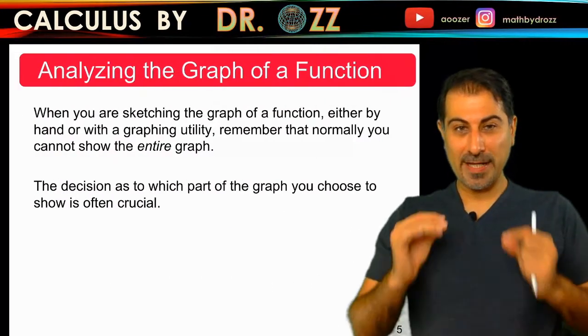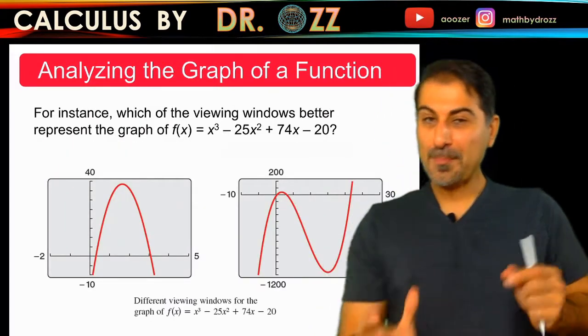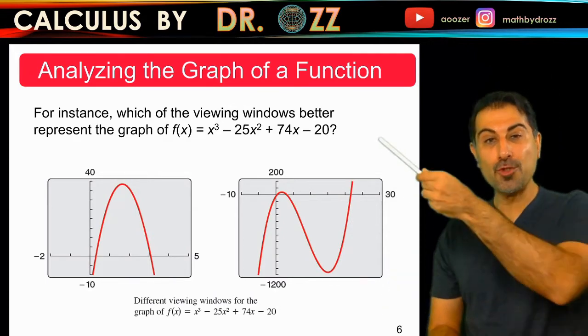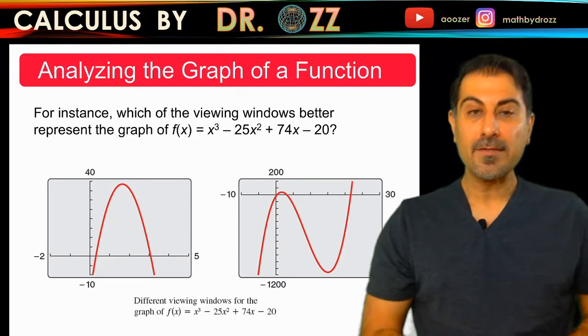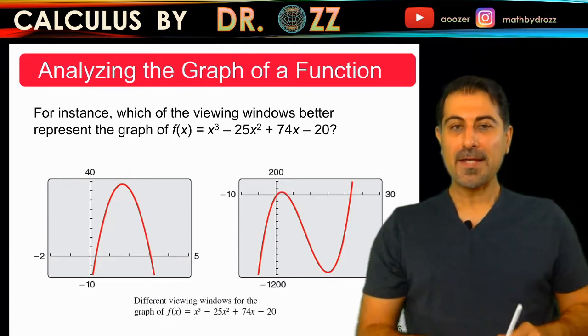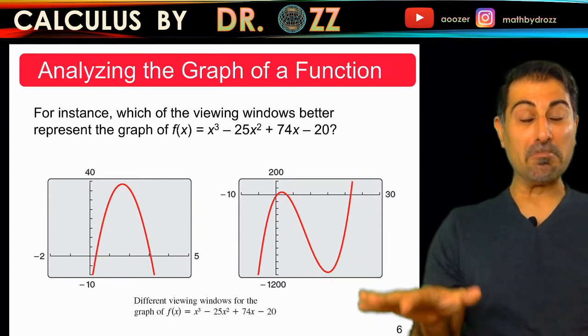Let me show you an awesome example just for you to see why what part of the graph to show is very crucial. So we have a cubic function here, and you simply go ahead and punch that into your calculator, and depending on what x min, x max you're going to pick, the graph is going to change completely.